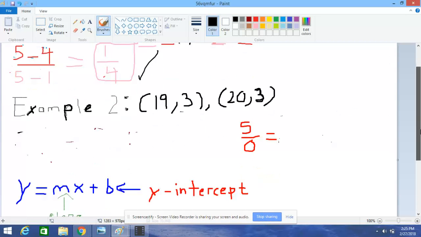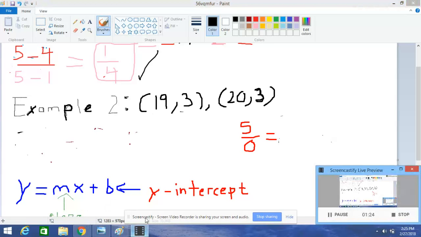Okay. Now we're going to move on to the next example, which is a little bit trickier because you might have a slope of 0. And I'll show you how a slope of 0 reflects on a graph. So here we have the points (19, 3) and (20, 3).